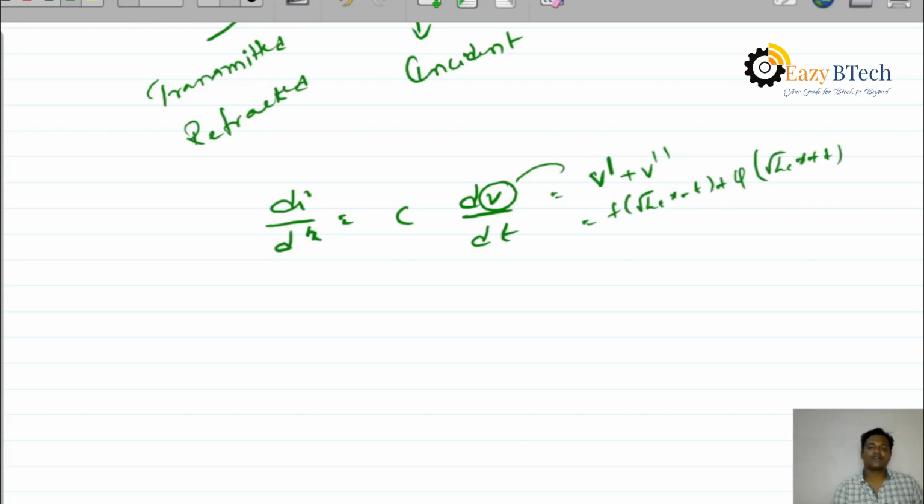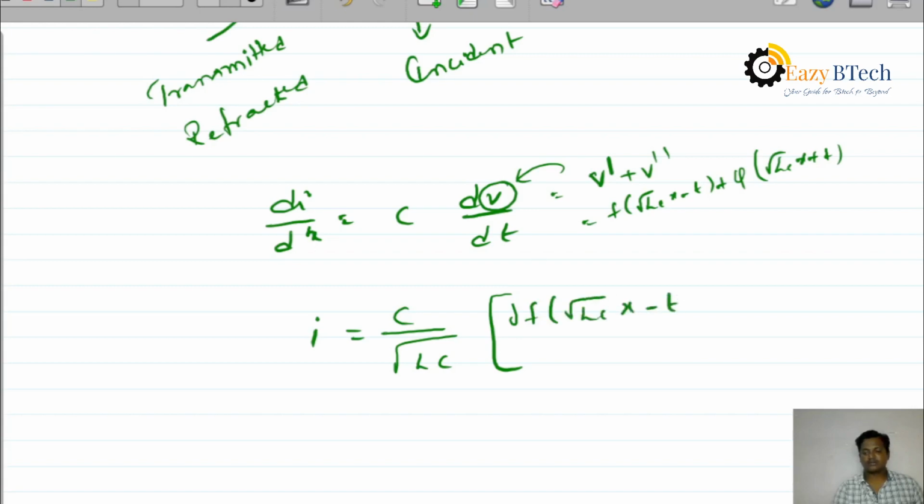Substitute V here, and after the differentiation and cancellation of the differentiation and integration, we get I equals C by root LC in brackets, ∂f of root LC x minus t divided by dx, minus ∂phi of root LC x plus t divided by dx.